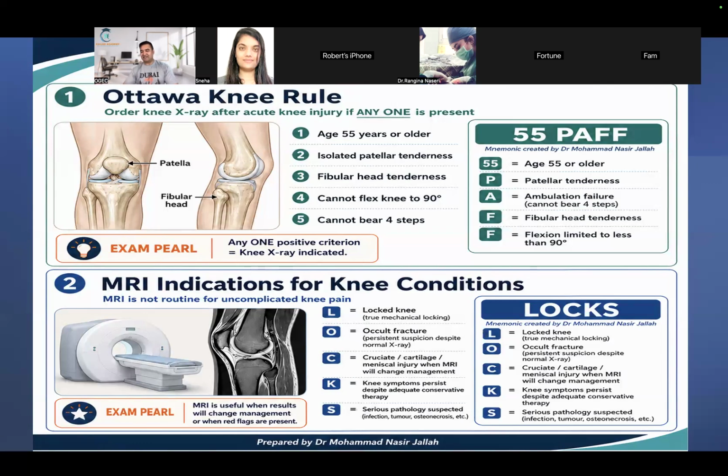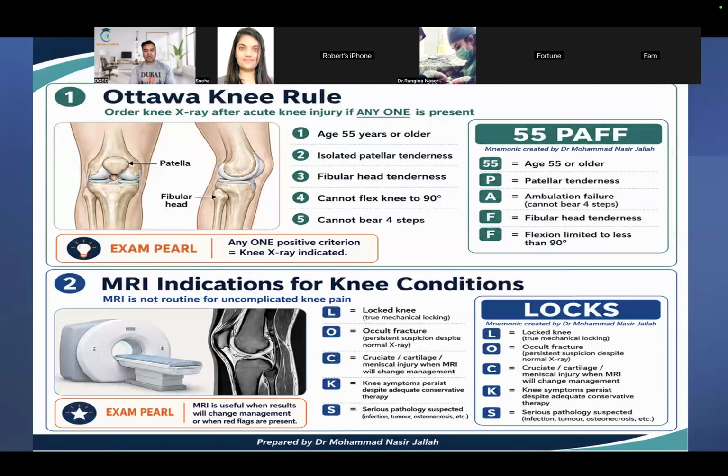If your patient is age 55 and above, and P is patellar tenderness, and A is ambulation failure, it means the patient cannot take 4 steps, and F is fibular head tenderness, and if the patient cannot flex the knee to 90 degrees, or the flexion of the knee is less than 90 degrees. So this is for the Ottawa knee rule.